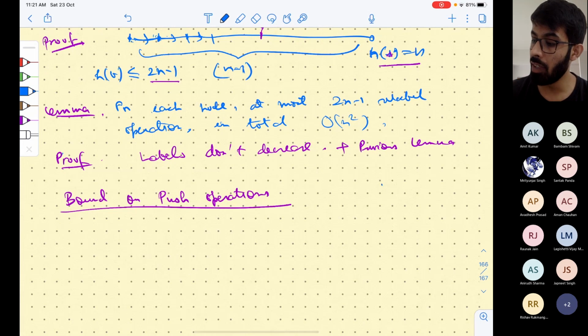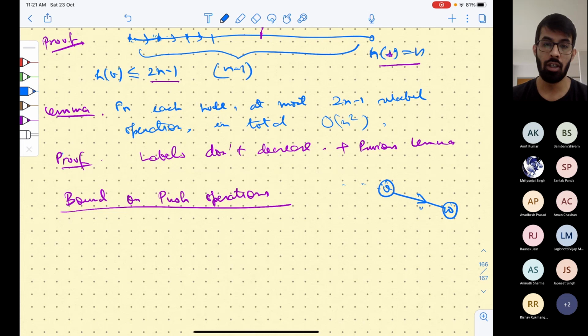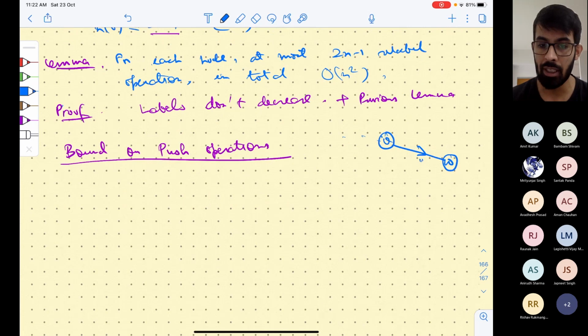We look at a vertex V such that there is somebody just one label below it, such that V has some excess, and then we push either the excess to it or we fill up the capacity of the edge, whichever gets filled first. Either we finish the excess or we reach the capacity. And based on this distinction, we separate the push into two parts.